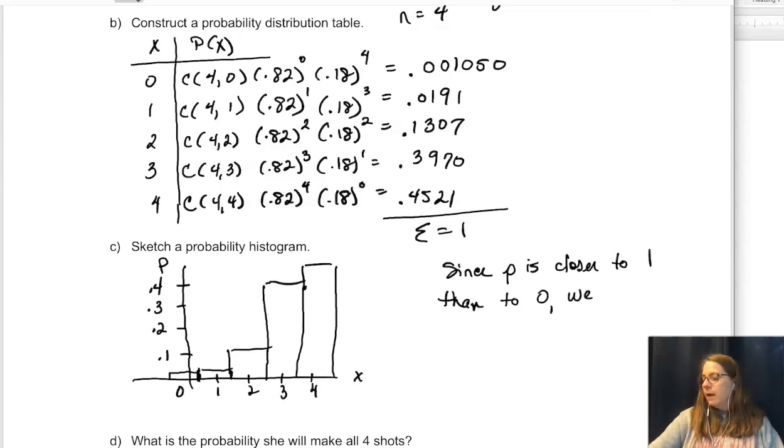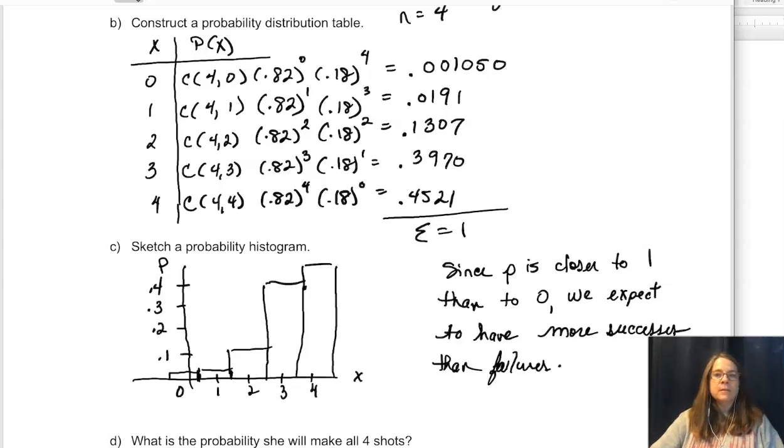Therefore, we would expect to have more successes than failures. Once again, the probability of success is 0.82. We would expect most of the time to be successful. That would represent high x values.